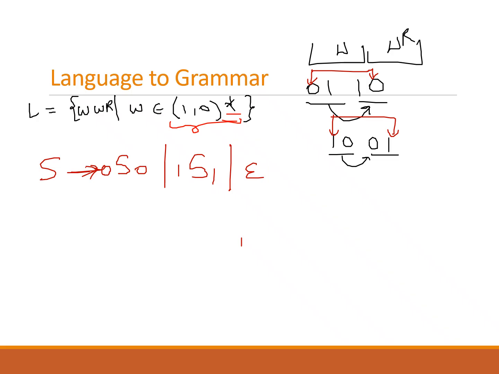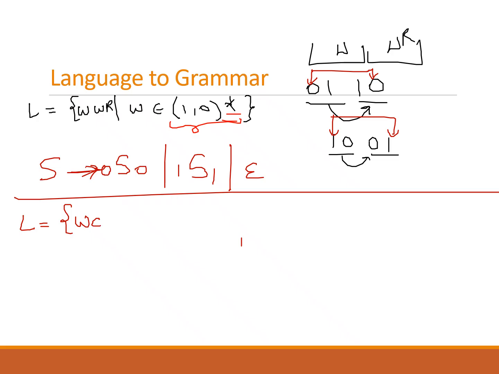Let us take one more example here where the language is say W, some C separator in between these two, and okay, let us change this to a, b this time.